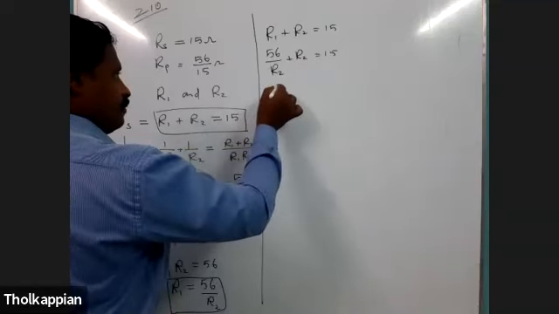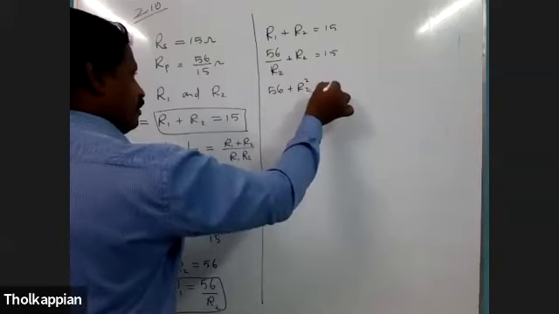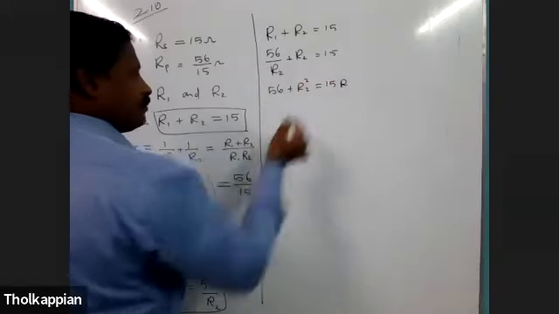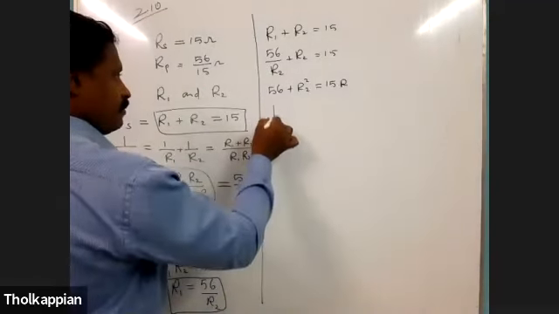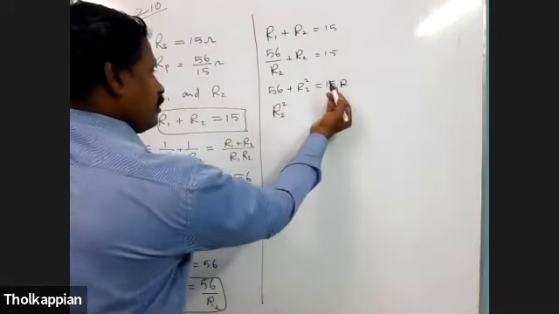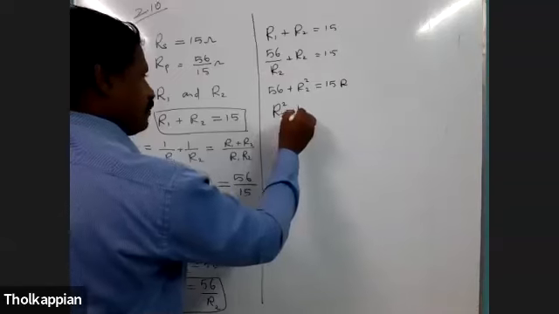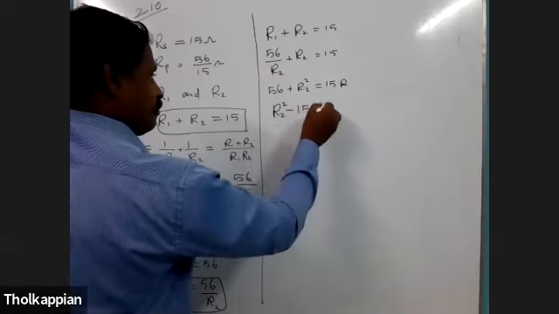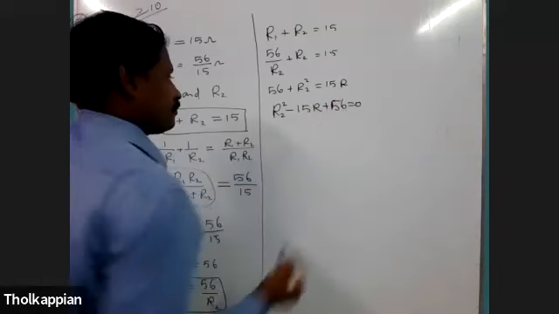So here 56, here R2 square is equal to 15R2. Rearrange this equation in quadratic form, that is R2 square, and take the 15R2 to this side, it becomes minus 15R2 plus 56 is equal to 0.